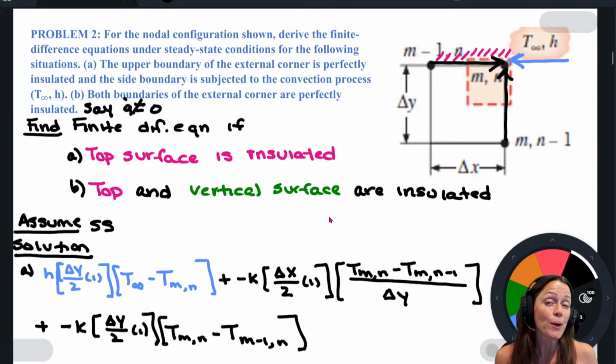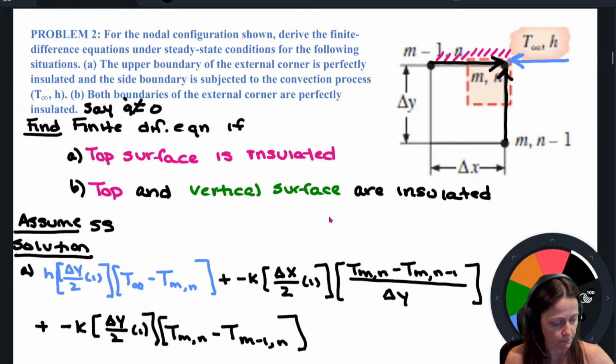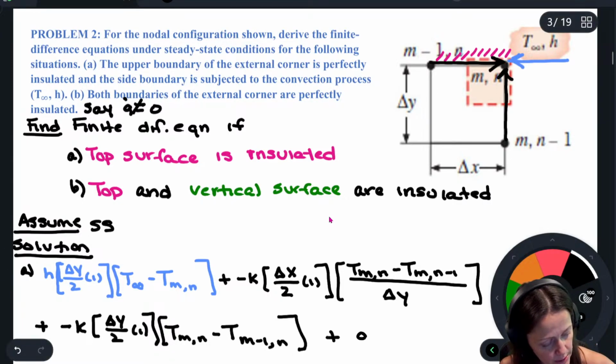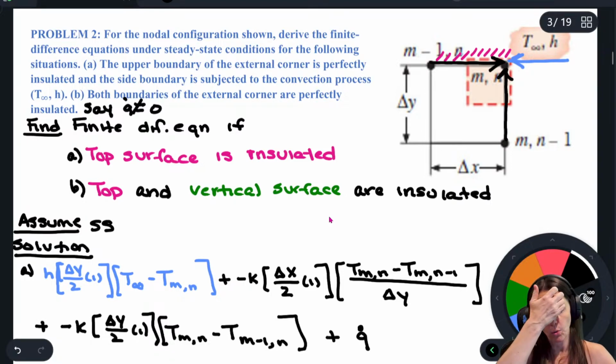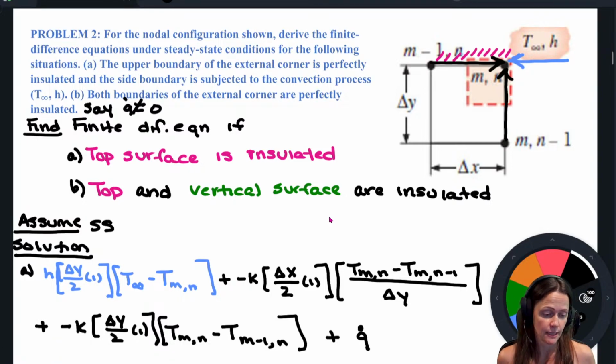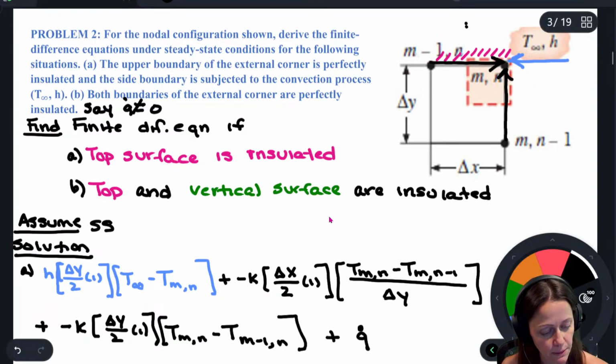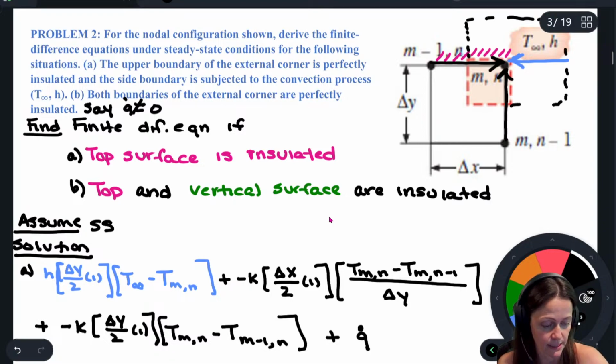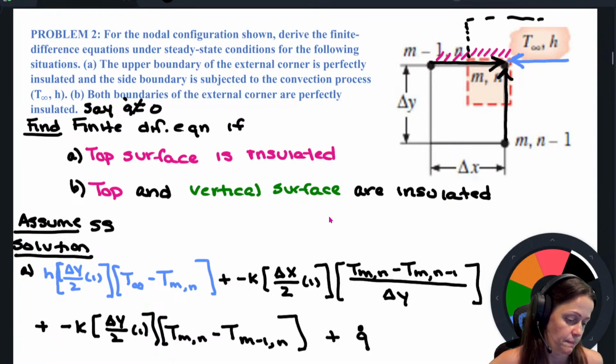And then if we have internal heat generation, a q dot, we need to add it. Well, the volume of that element is really a quarter of an element, because the whole element would be that size. Did you forget to divide by delta x in the third term?